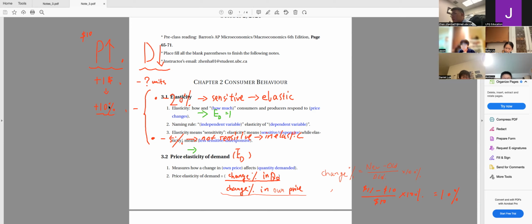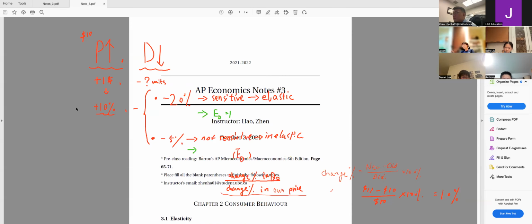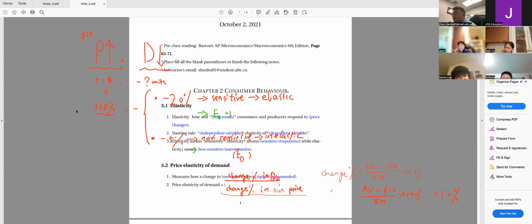If the price increases by 10% and quantity demanded decreases by 20%, what is ED? You just plug these two numbers into our formula. What is ED here, guys?